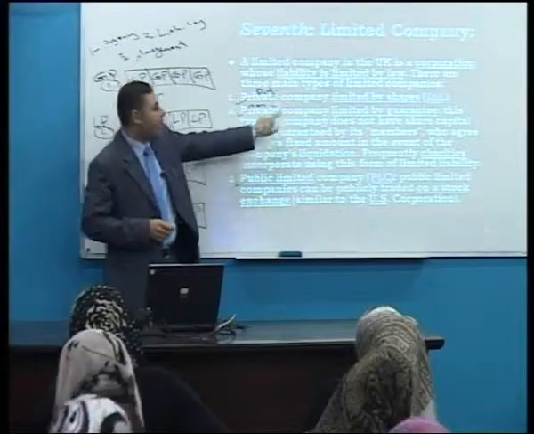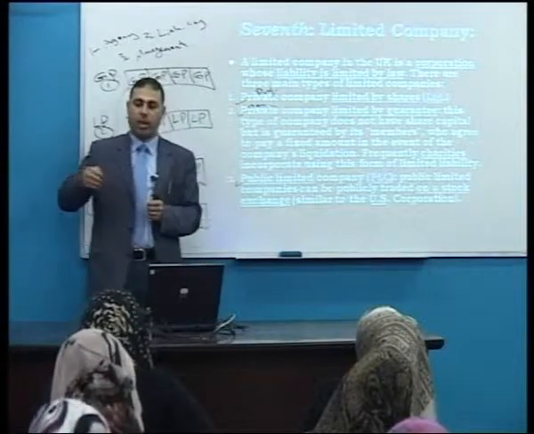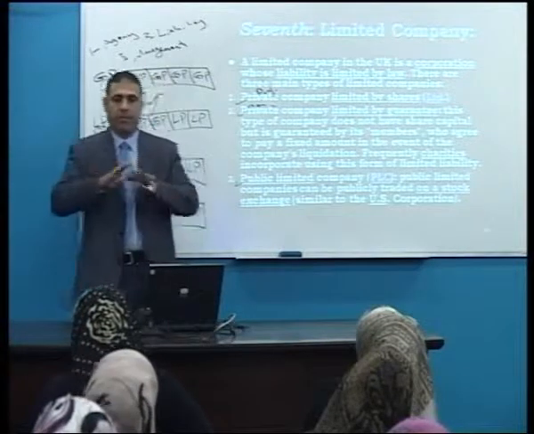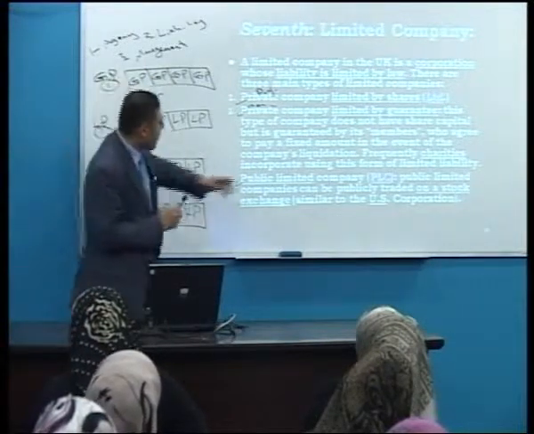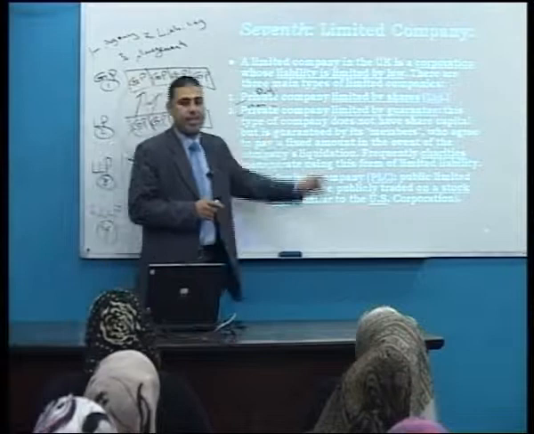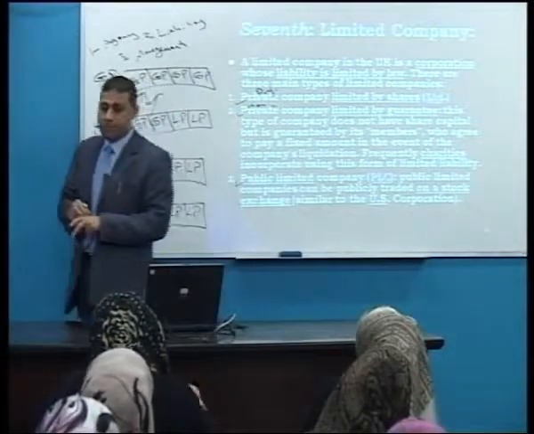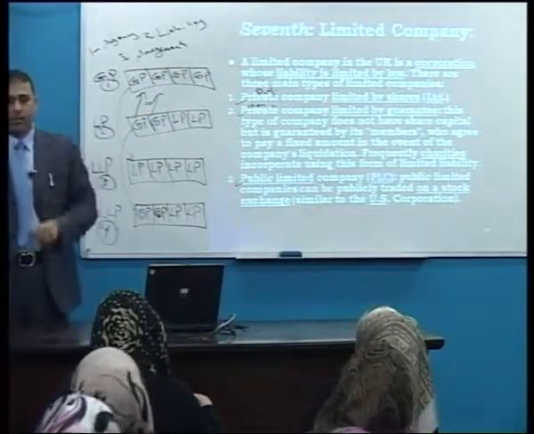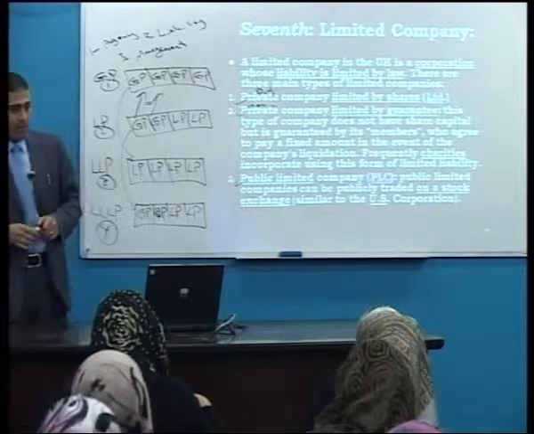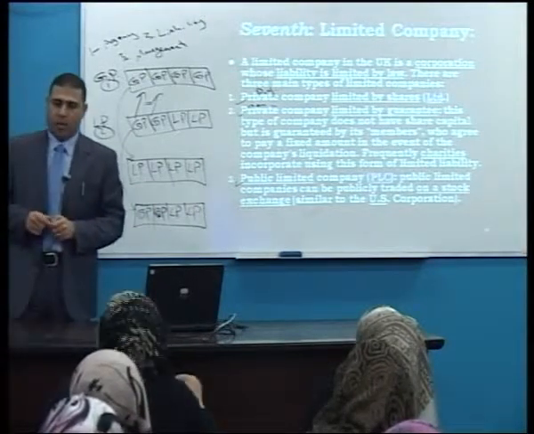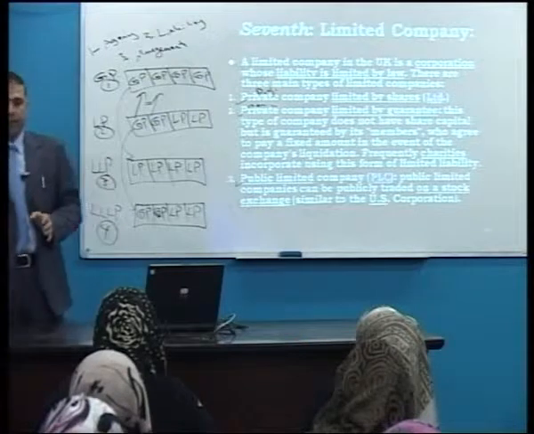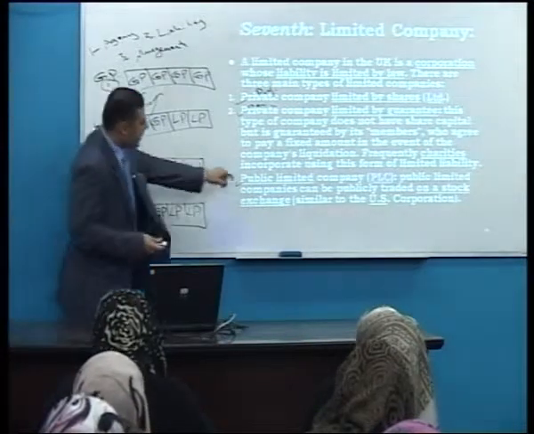Here it's limited by shares. We know how many shares we have. If we have 10,000 shares, this is the maximum we can lose. This time, we don't have shares, we have these guarantees. The guarantee can be the building, the equipment, the assets, and it can be the board of directors as well.